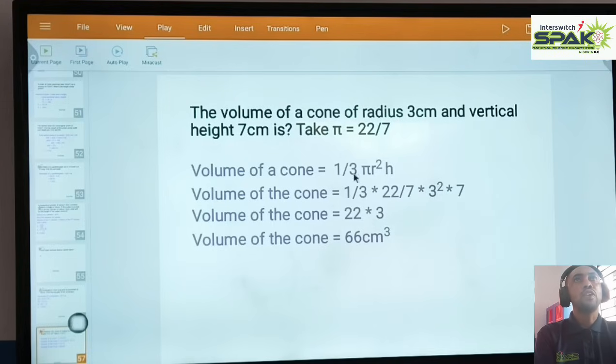Then we have 1/3 times 22/7 times r, 3, squared, times the height, 7. When you simplify this and use your calculator to multiply, you have 66 centimeters cubed. So that is the volume of the cone.